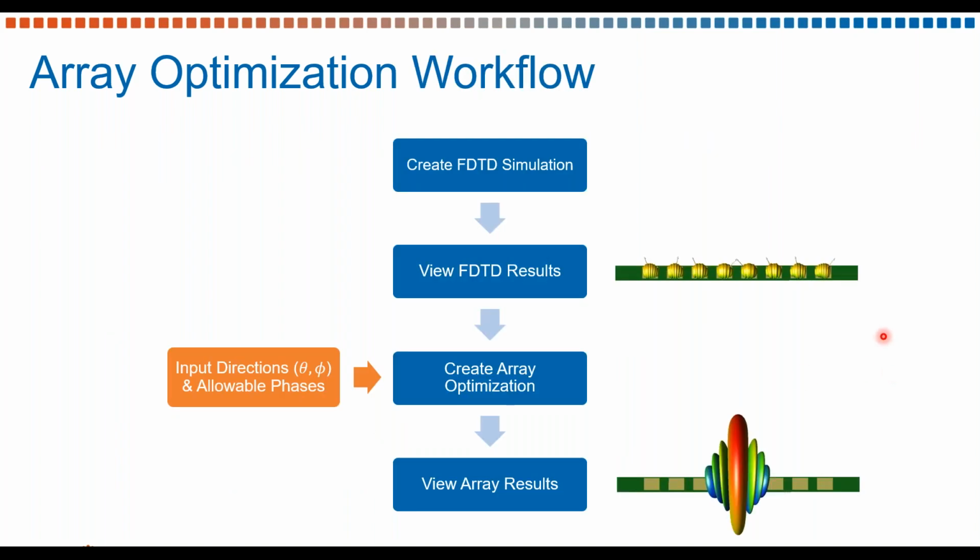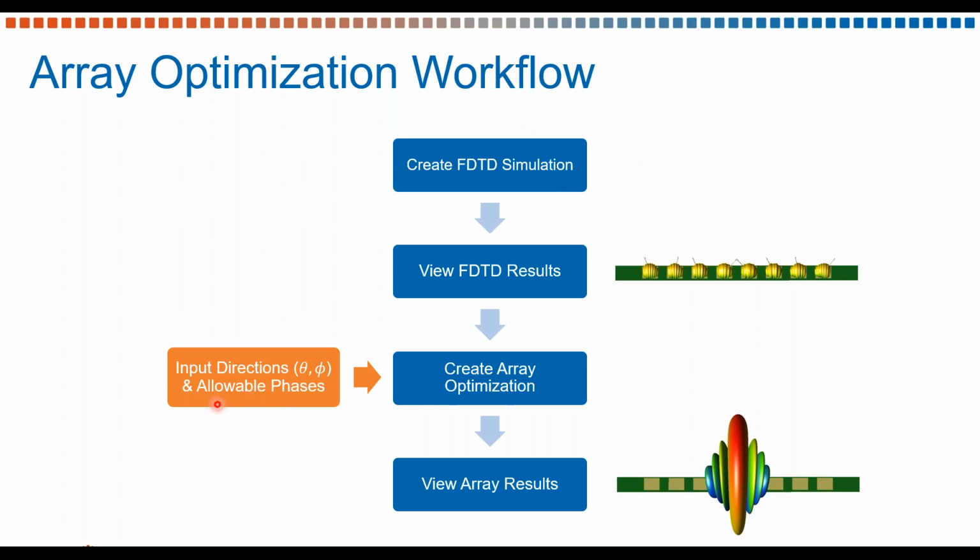Coming to the simulation workflow, it is pretty much similar to how a superposition simulation is performed within XF. Here we create an FDTD simulation and get in the results, but the step where it is a little different from the superposition is with the input. Here we provide the input directions, the azimuthal and the elevation angles at which you would want a maximum EIRP achieved for your beam.